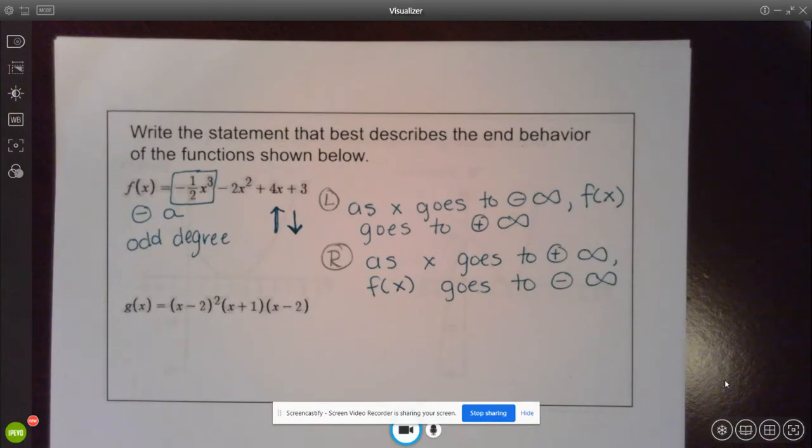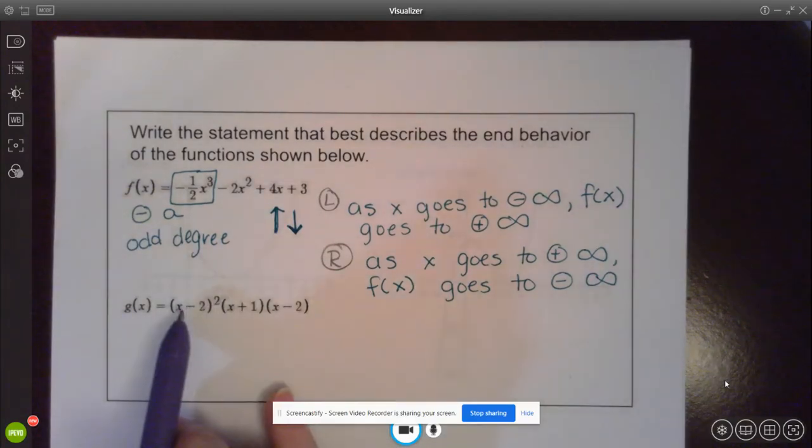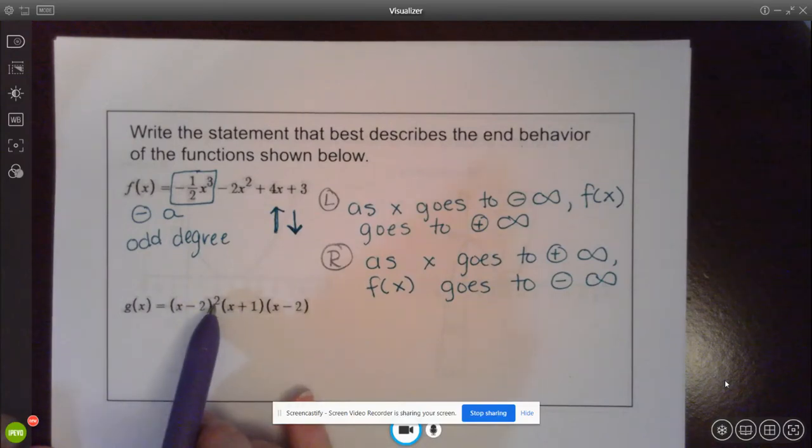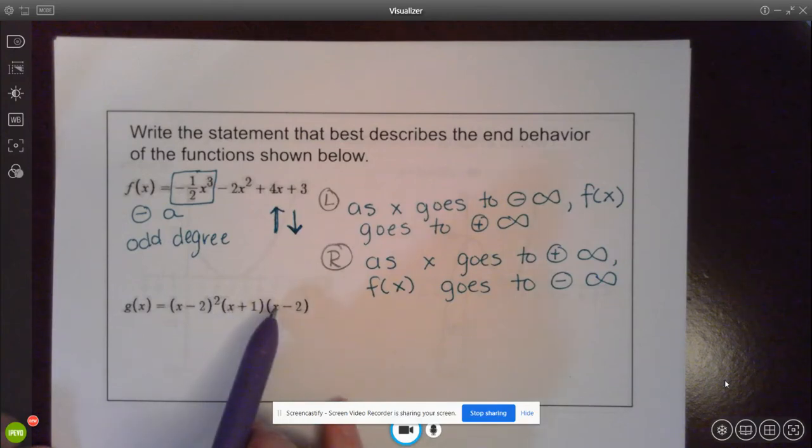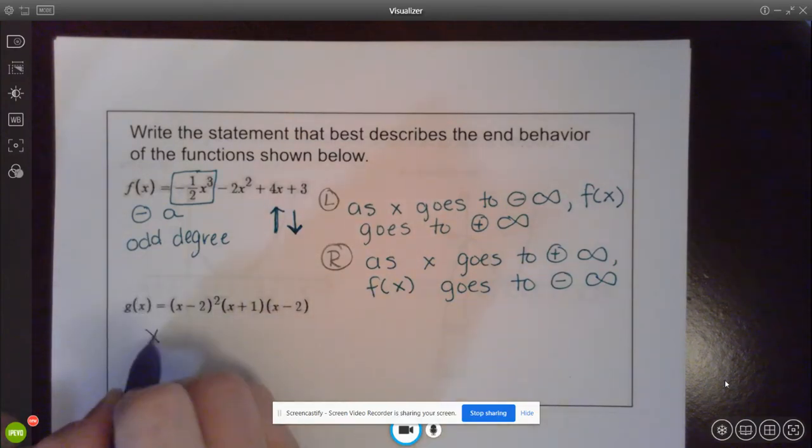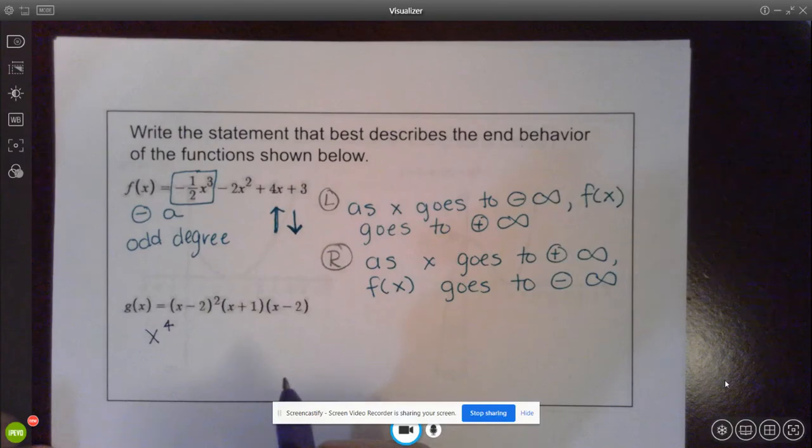So pause the video. I want you to try g of x without me, and then hit play again and see how you did. So my leading coefficient, I have 2x minus 2, so that's going to be x squared, times this is going to give me x to the third, times that's going to give me x to the fourth.